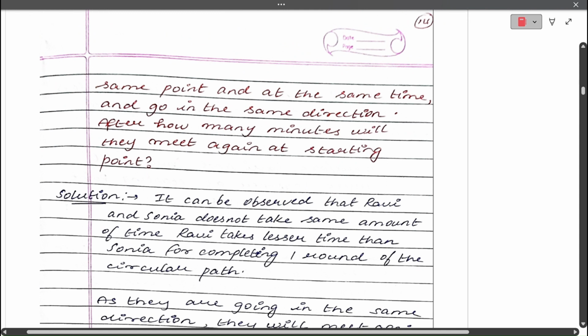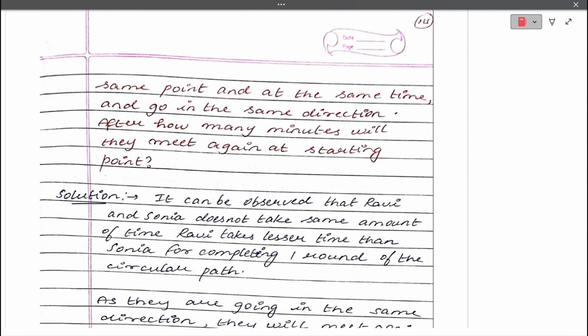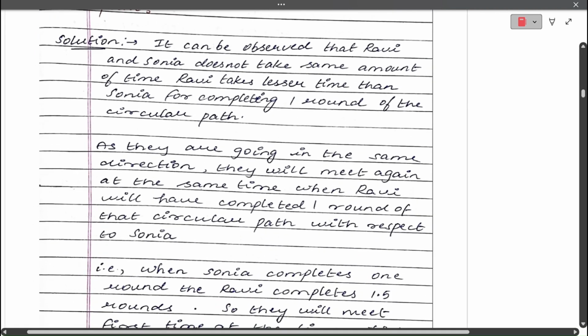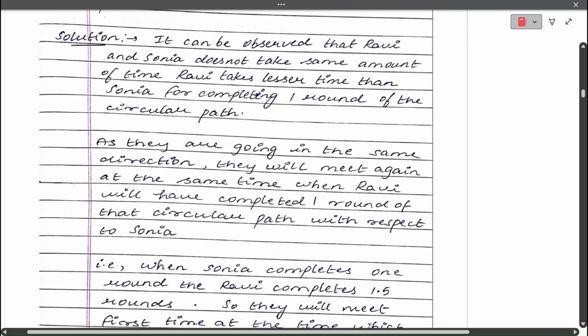It can be observed that Ravi and Sonia do not take the same amount of time. Ravi takes less time than Sonia for completing one single round of the circular path. As they are going in the same direction, they will meet again when Ravi has completed one round of the circular path with respect to Sonia.